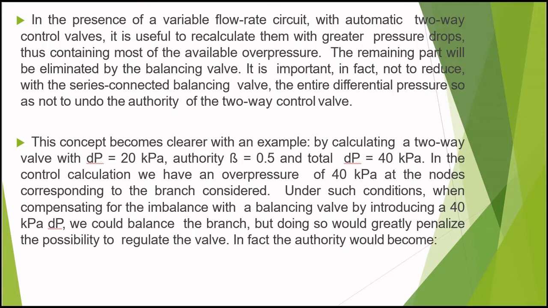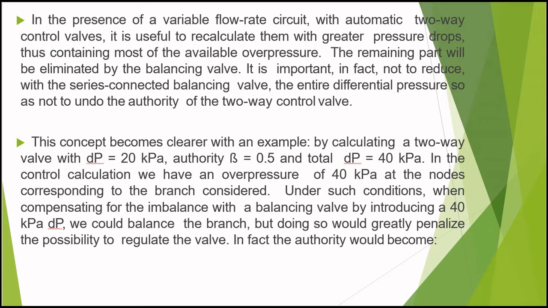By calculating a two-way valve with dP 20 kPa, authority is 0.5 and total dP is 40. In the control calculation we have an overpressure of 40 kPa at the nodes corresponding to the branch considered. Under such conditions, when compensating for the imbalance with a balancing valve by introducing a 40 kPa dP, we could balance the branch, but doing so would greatly penalize the possibility to regulate the valve.